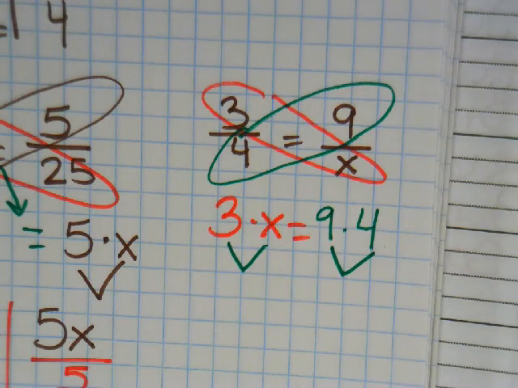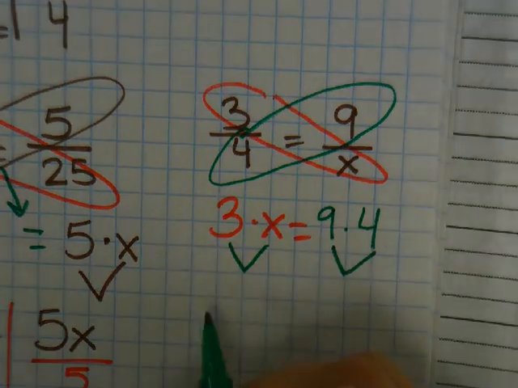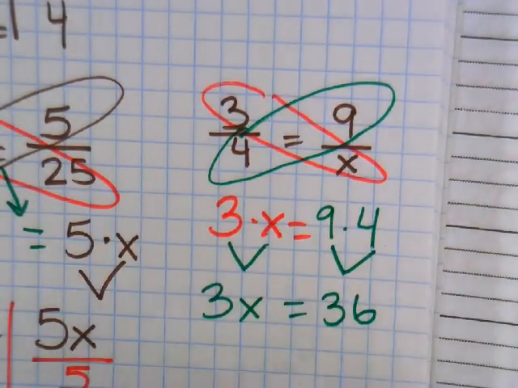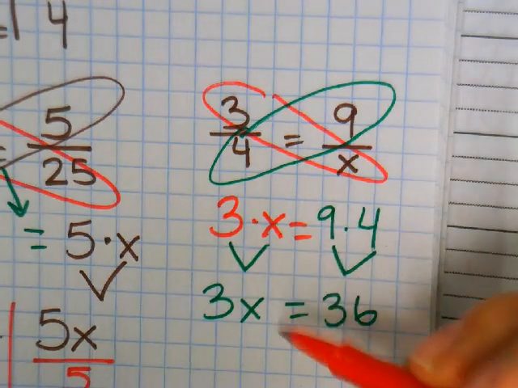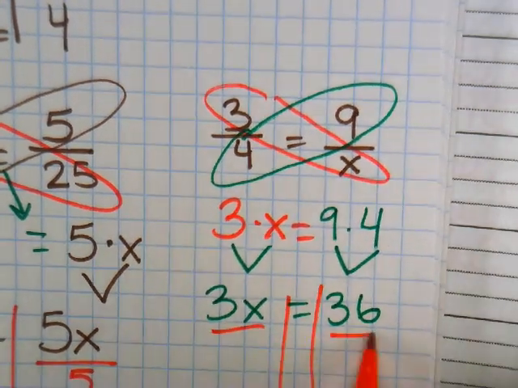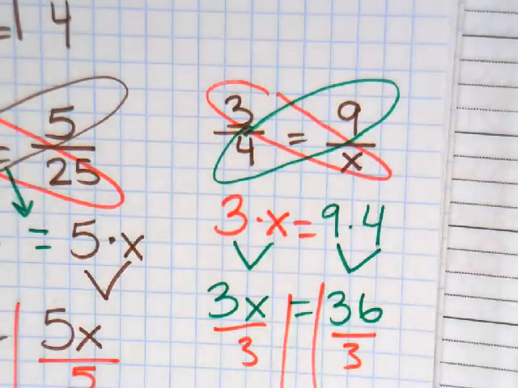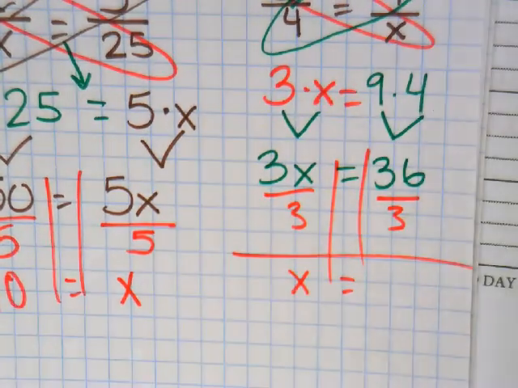What's 4 times 9? 36. Okay, what's our last step? Divide by 3. What is 36 divided by 3? 12. Good.